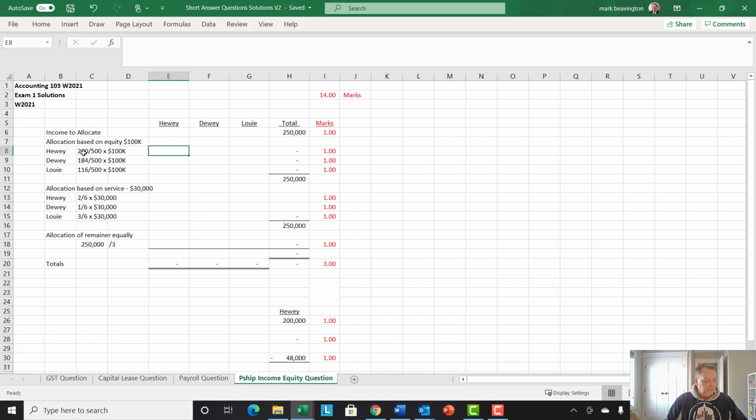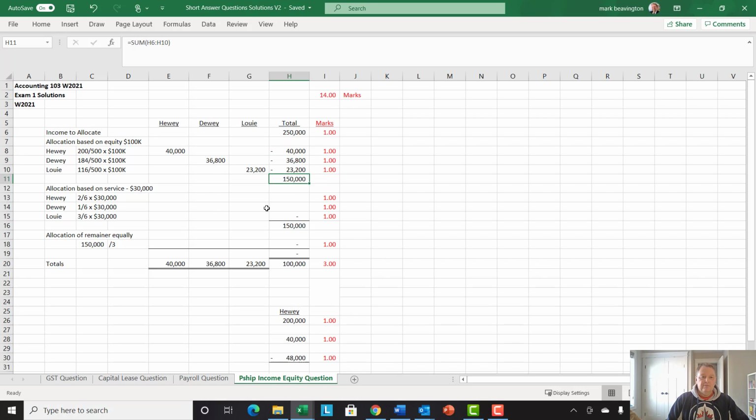So Huey has 200,000 of the total of 500,000 of equity. So this number then should end up being, I think it's $40,000 even. So it's $40,000 there. Dewey, you do the math. Dewey's got 184 of 500 in there, so that works out to 36,800, and then Louie ends up with 23,200, and those all added up together should be 100,000, and it is.